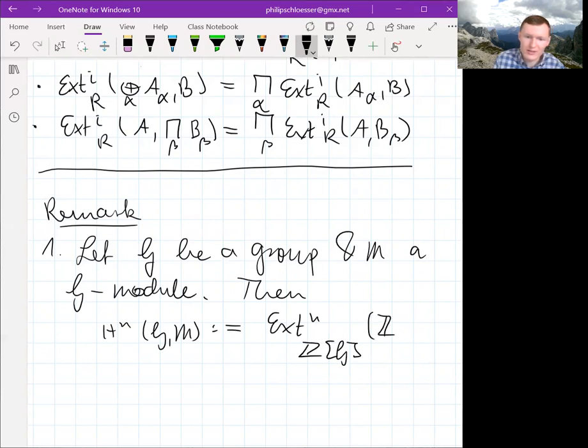Again, basically a very similar definition, only instead of Tor, we are now using Ext. This is the nth group cohomology group.